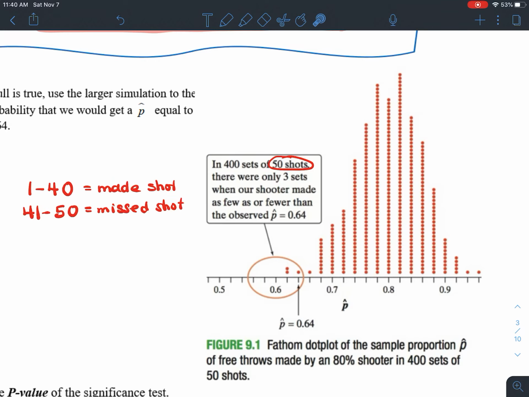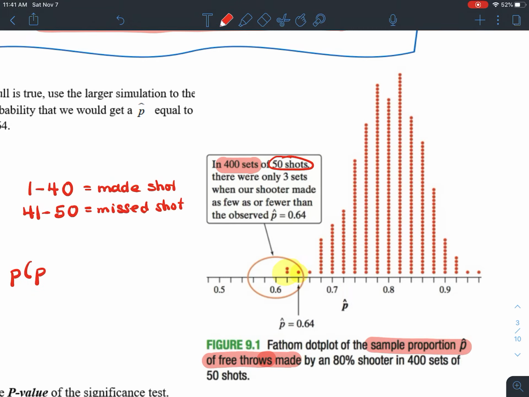And so what we're trying to figure out is, in all of these 400 simulations, how many times did we get a sample proportion of either 64% or something less than 64%. Okay, what's the likelihood of that happening? So we want to find the probability that a sample proportion would be 64% or less.